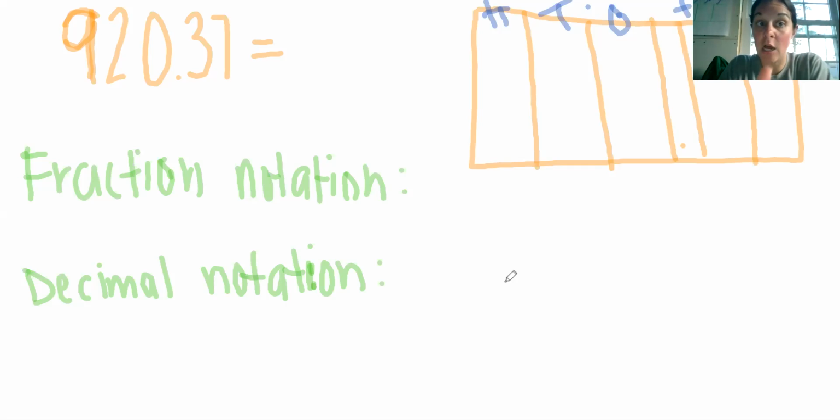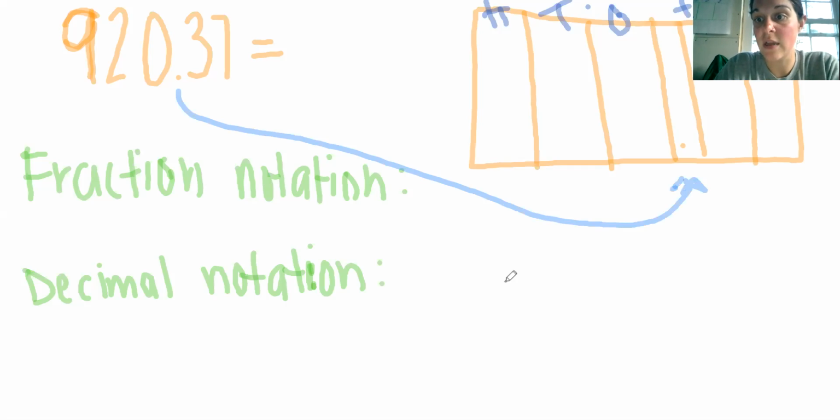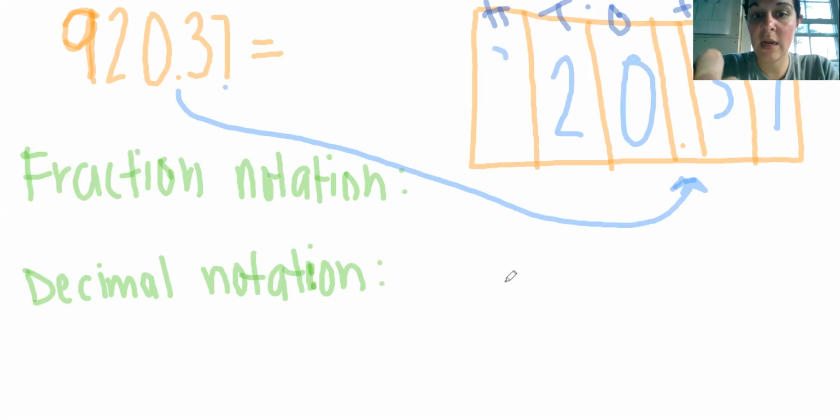I'm going to plug my number in, line up my decimals, and take each number one at a time. I'm going to start all the way over with my smallest number because that's how I like to work. It's my preference. So 7, 3. My decimals lined up. Then I have a 0, a 2, and a 9.